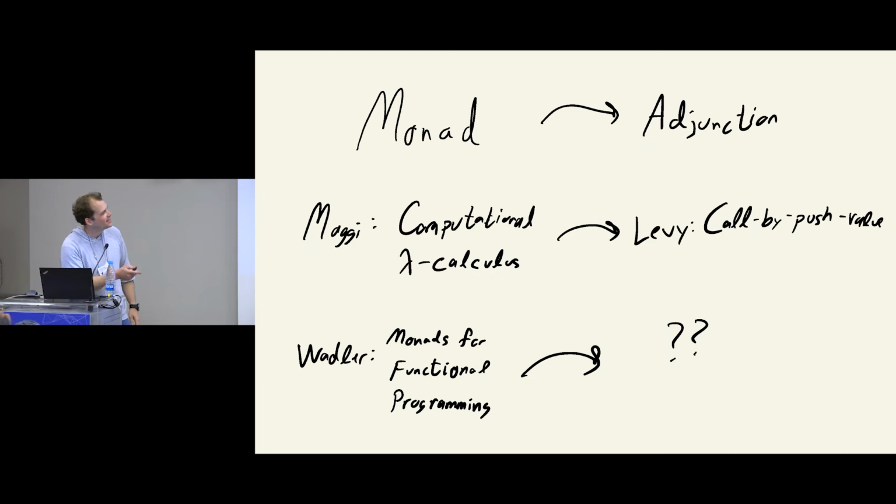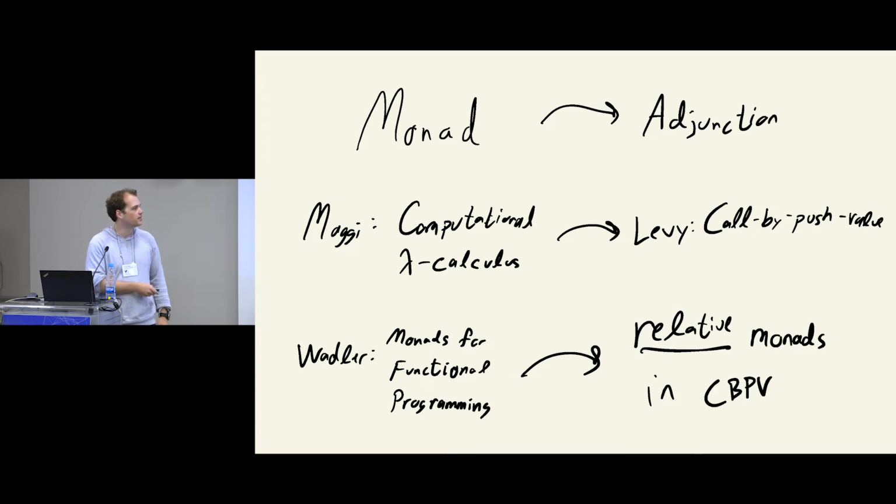And in the late 90s, early 2000s, Paul Blain Levy developed this calculus called call by push value, which is related to strong adjunctions the same way that the computational lambda calculus is related to strong monads. Okay, and so one way to think about what I want to talk about here is that if we look also to the early 90s, to Phil Wadler's paper where he said monads are actually useful for structuring computations in functional programs, what's the corresponding construction over in call by push value? Okay, and so the corresponding construction is this idea of a relative monad.